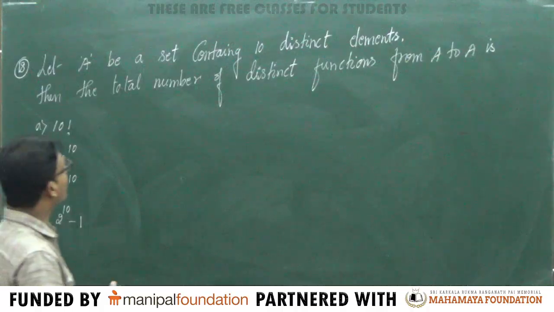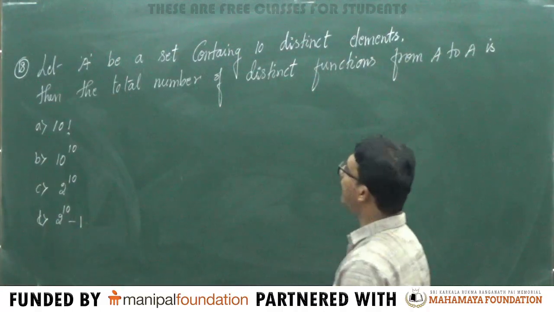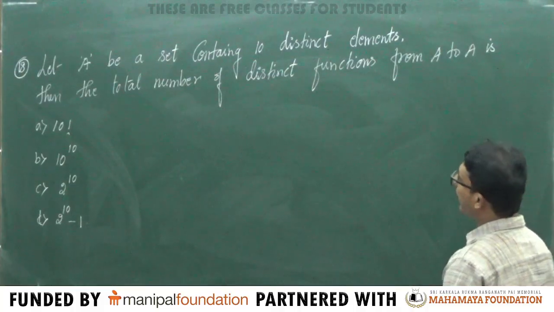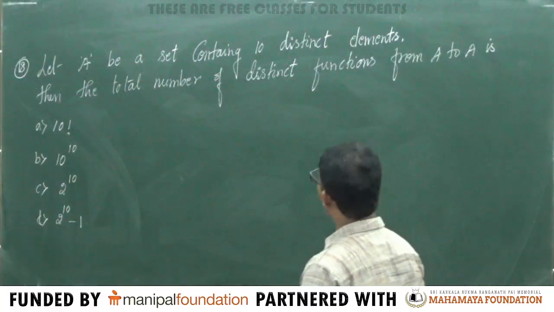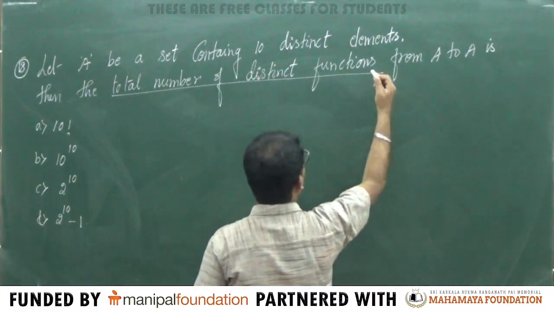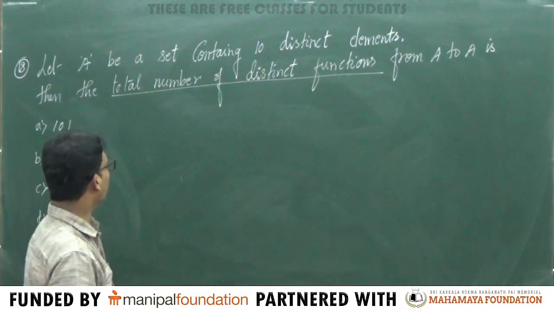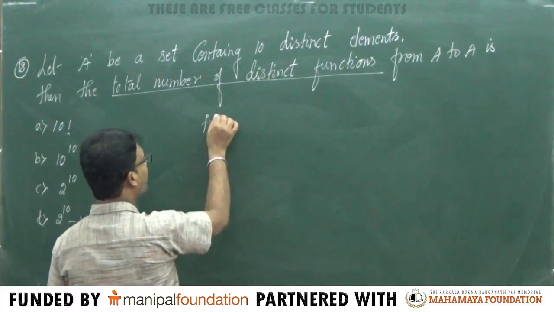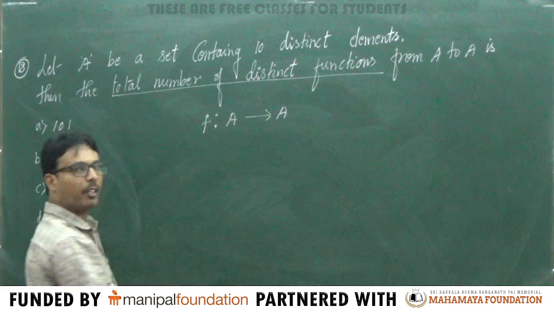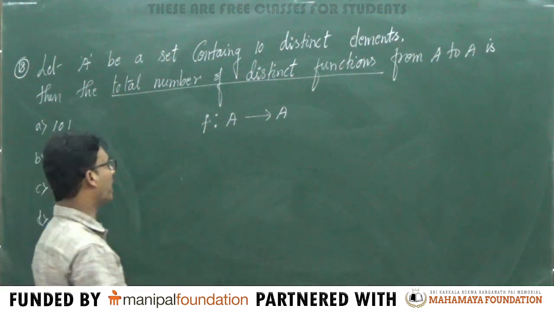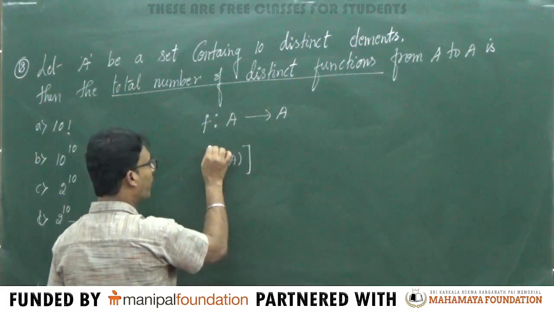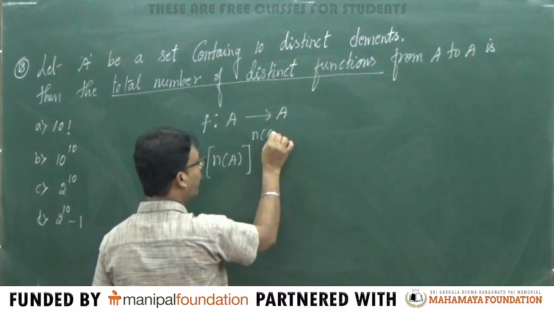Okay. So in this problem they have given a set A containing 10 distinct elements, and they are asking to find the total number of distinct functions. If f is a function from the set A to A only, then the formula to find the number of functions is the number of elements present in the codomain to the power of the number of elements present in the domain.